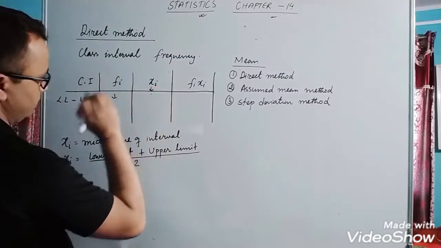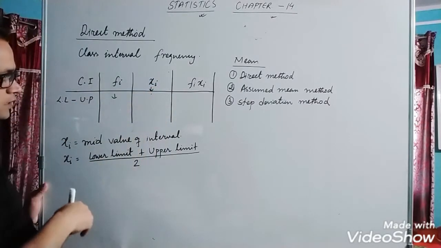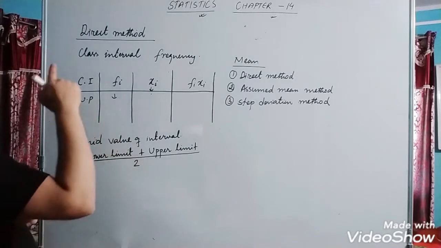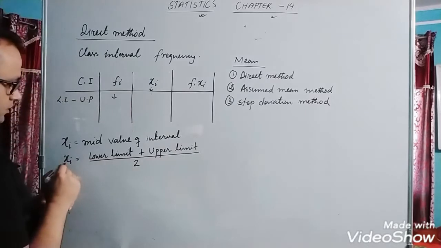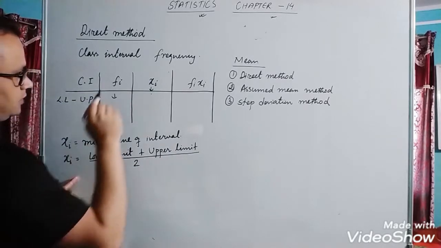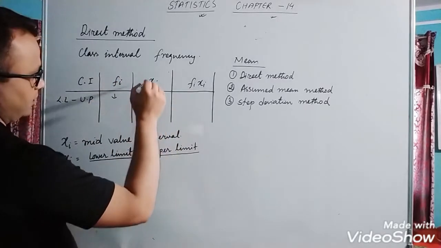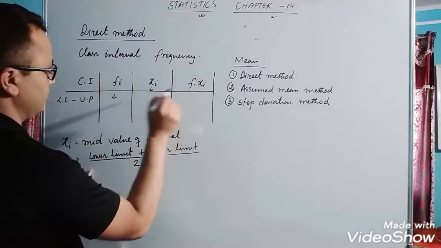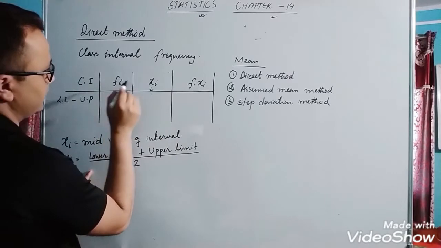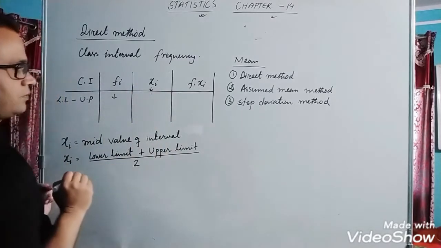Fi is given, so first we calculate xi. After getting xi, we multiply fi with xi to get fi xi.